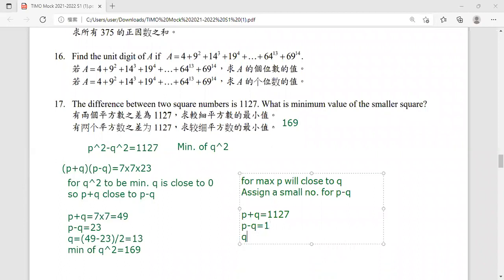Then Q will be equal to, of 63. Then Q squared.